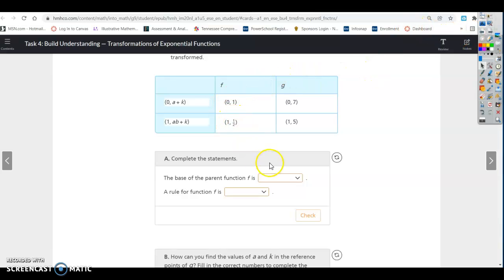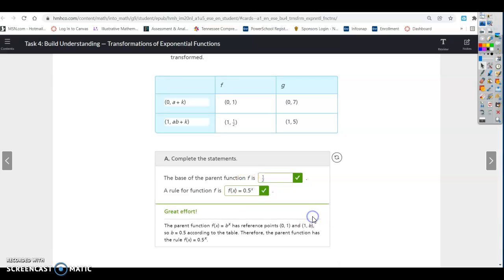This is (1, b) from the definition above, so that'd be 1/2. And the rule for the function f is f of x equals 1/2 to the x power, because your base is the base, and then raised to the exponent, which is x. 1/2 is just another way to write 0.5.